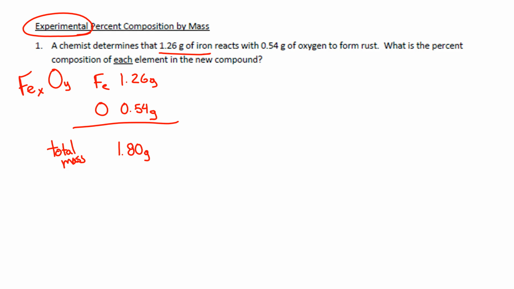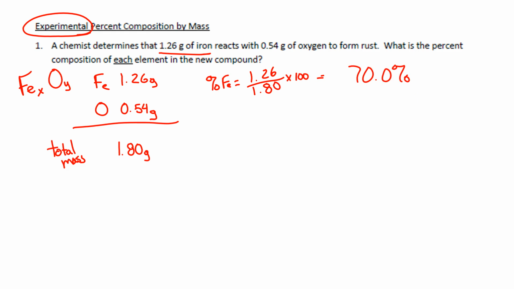The nice thing about percentages, I don't have to know the molar mass as long as I know the total masses of everything that I had. So percentages, whether I did this based off a chemical formula or whether I base it off of this, the percentages are going to come out the same. So for percent iron, I can take my 1.26 divided by 1.80 multiplied by 100, and that tells me that I have 70% iron.